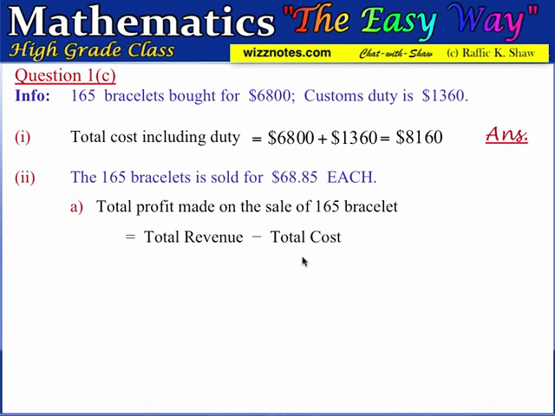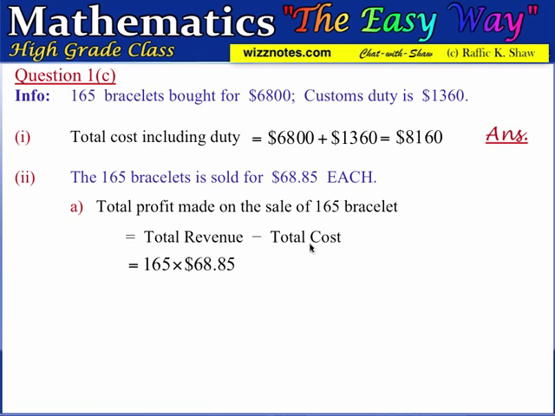The total profit will be the total revenue from sales minus the total cost for the 165 bracelets. And remember that because he sold each bracelet for $68.85, the total revenue from the 165 bracelets will be 165 multiplied by the $68.85. Now let's show that calculation. This is it. The total revenue is 165 multiplied by the unit price of $68.85.